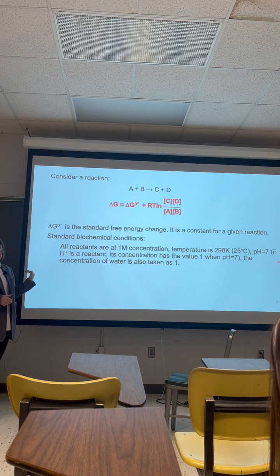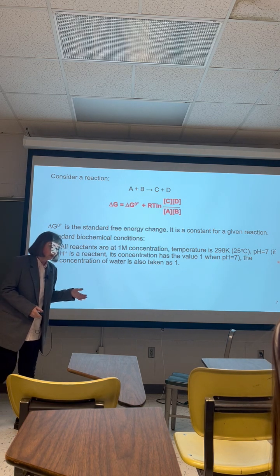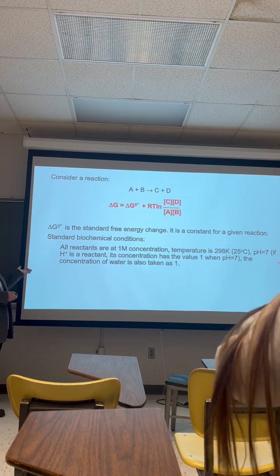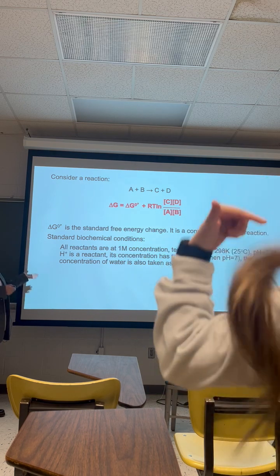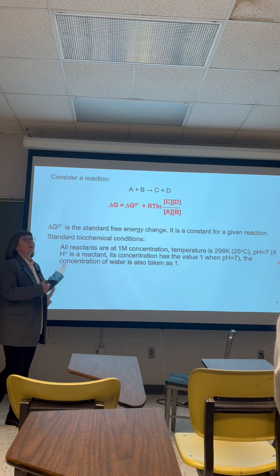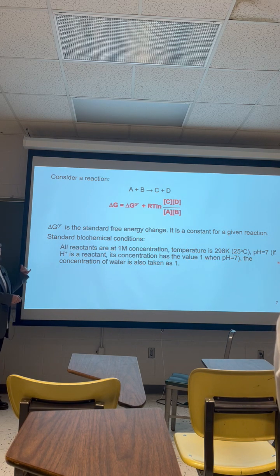So biochemists agree that when pH is equal to 7, when we calculate delta G, we will use the value 1 for the concentration of protons. I know this doesn't make sense because you would say, wait a minute, I tortured you to remember that at pH 7, the concentration of protons is 10 to negative 7 molar. For this particular purpose, we take it as 1, rather than writing 10 to negative 7.